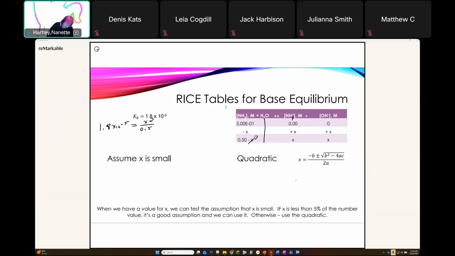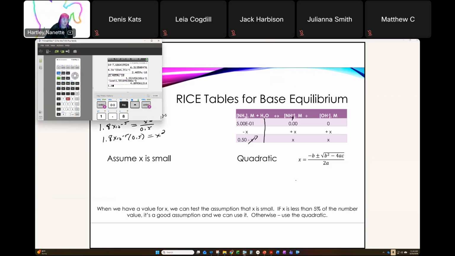So we take that 1.8 times 10 to the minus fifth, multiply it by the 0.5, and that's equal to X squared. Do that happy math, and that gives me 9.0 times 10 to the minus 6 is equal to X squared.